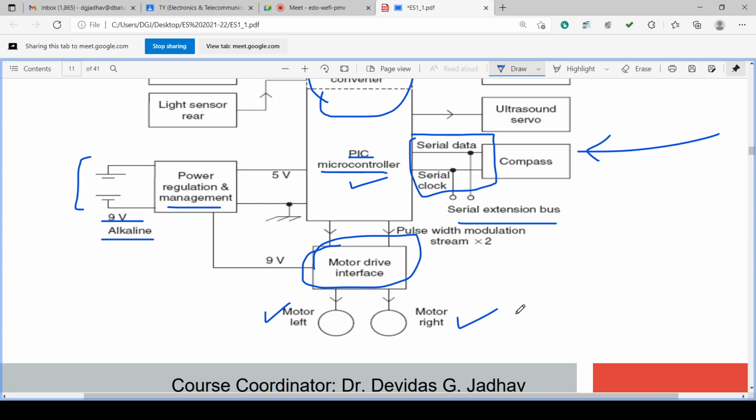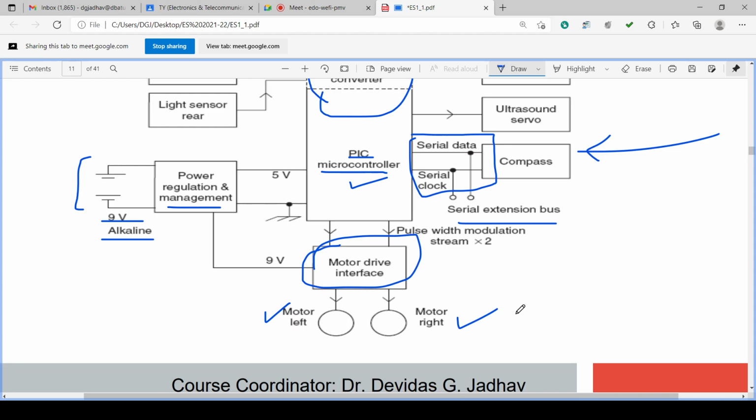It can only tell the motor to run. Yes, Mr. Motor, you have to run clockwise or anti-clockwise. But actually running of Mr. Motor is done by the motor driving interface circuit. Okay, the microcontroller told the motor you have to run clockwise, but now the motor driving interface will actually run the motor clockwise, similarly anti-clockwise.